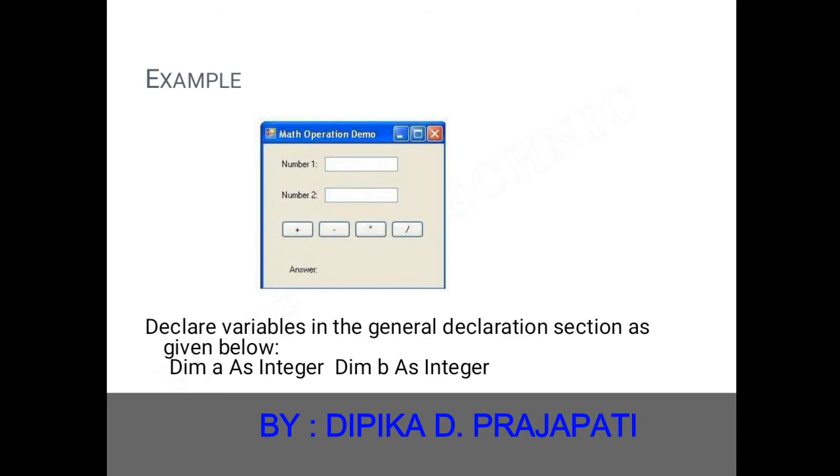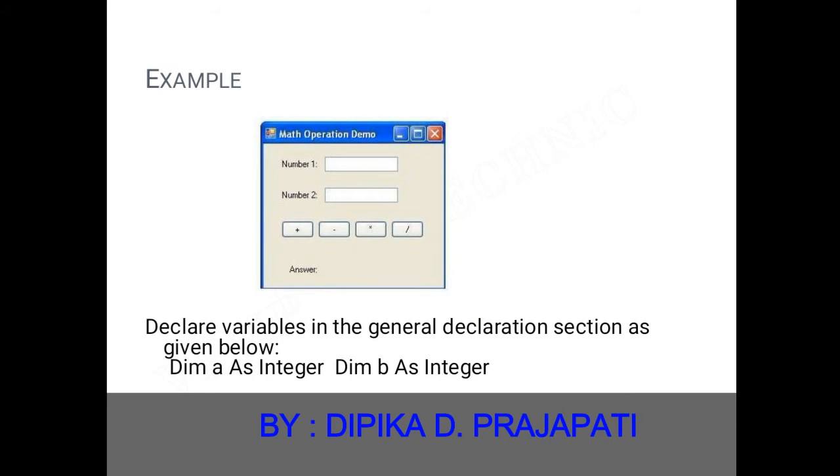And see here, number 1 and number 2 are our labels, and this is a blank text box. So how to write the code for the design of this math operation demo example using label, text box and button? Here is the coding of this program.